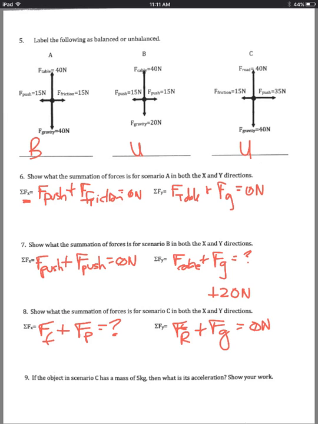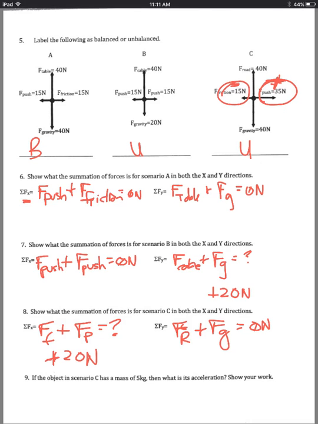Now, going back to number 8, the X direction here, that's going to be a positive 20 newtons as well, because I have 35 in the positive, I have 15 in the negative. When you add that up, positive 35 plus negative 15, that's going to be a positive 20.